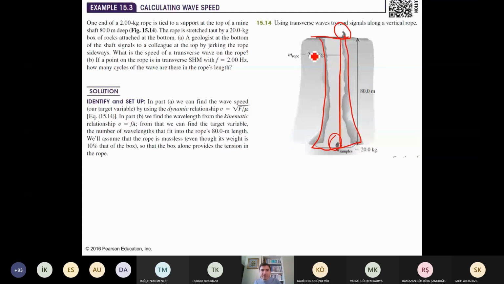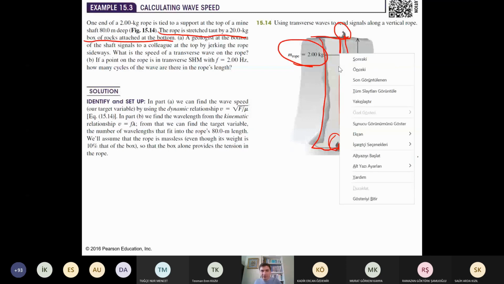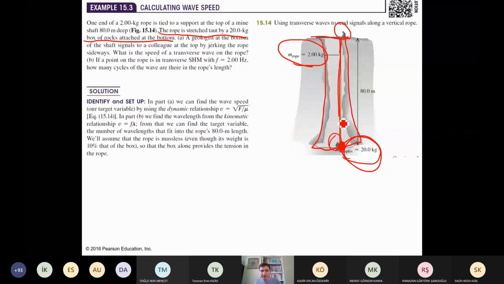And the mass of the rope is 2 kilograms. The rope is stretched taut by a 20 kilogram box of rocks attached at the bottom. Here we have the box of rocks, okay, and it is 20 kilogram. Then this rope is taut, çok gergin.